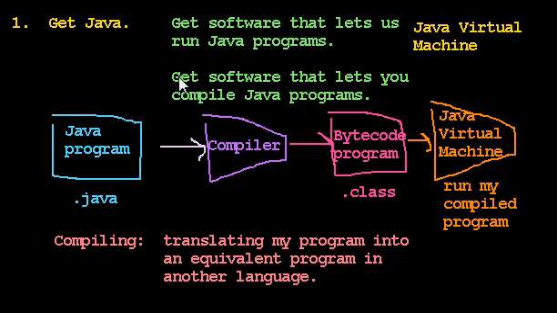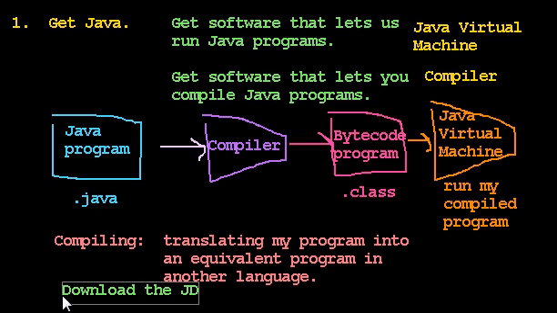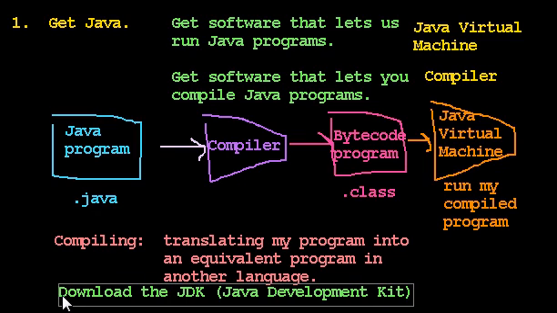And before I can do that, I need to get software that lets me compile my Java programs, meaning translate from my .java, the somewhat human-readable version of my program, to a different language, the same program in a different language that hopefully means something to my computer. So this is the compiler. So I need to get both of these things. In order to get both of those things, I need to download the JDK, Java Development Kit.